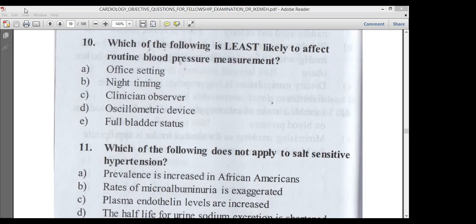So I felt night timing will give you a reduced reading, so that's the one that looks odd out of it. That's how I looked at it. Why will clinician observer give you a high reading? They can give you an erroneous low reading, depending on who measures. Okay, sure, that's true. Yeah.